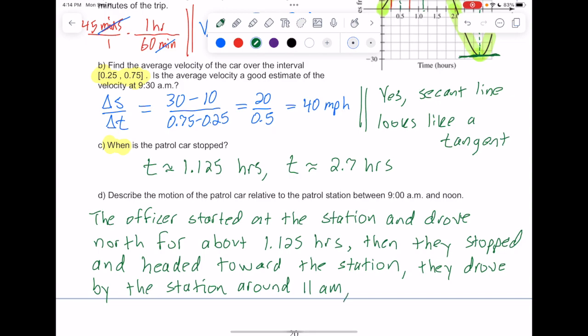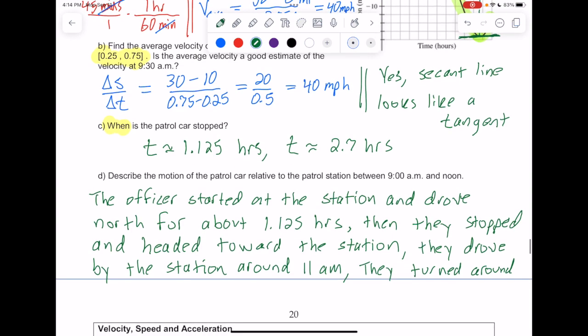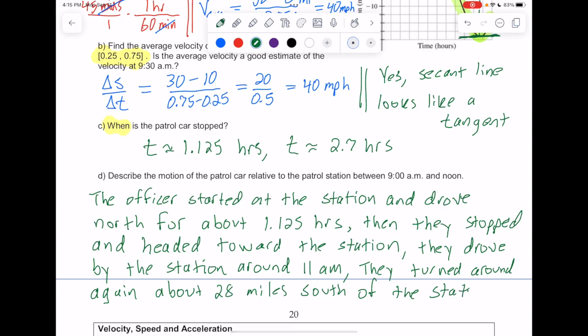They turned around again. And then they started driving north again.